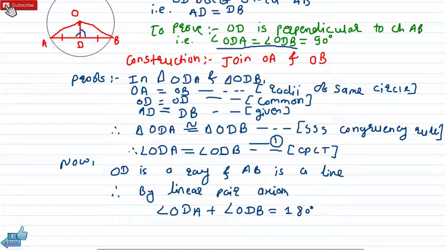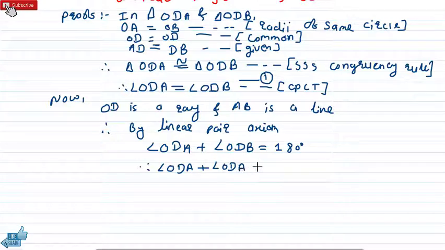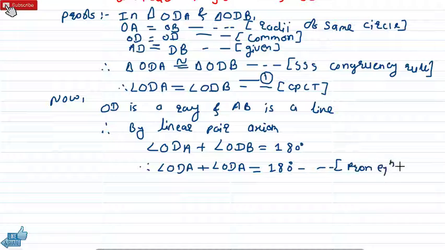but these angles are equal. We already proved it in equation 1. So you just take any one instead of ODB. I am taking ODA. Therefore, angle ODA plus angle ODA is equal to 180 degrees, and this is from equation 1.